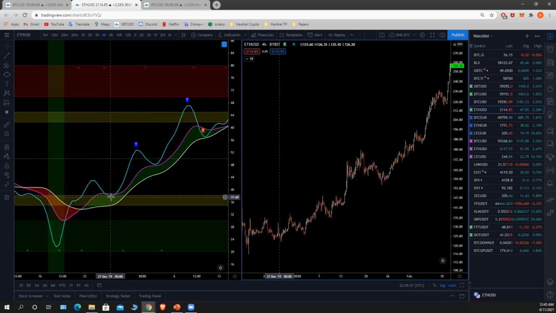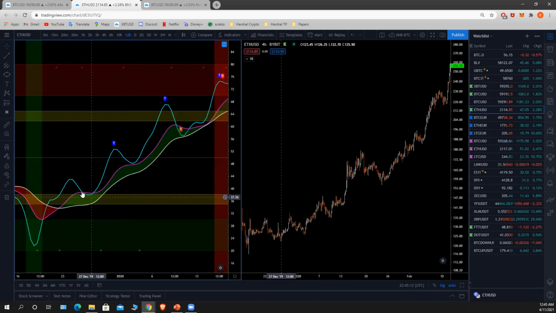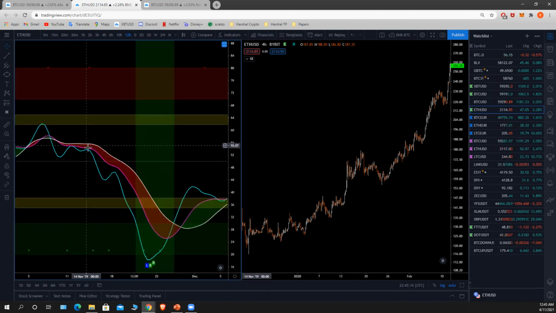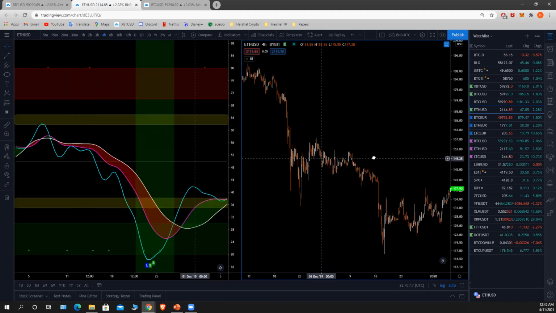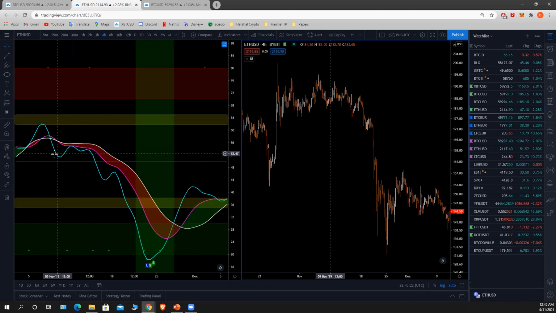The same thing can happen for the short also, when this aqua line gets pulled into the red resistance area, like it happened here. So yeah, here this aqua line first crossed both these lines, then it came back up, got pulled into this resistance area and got rejected from it.